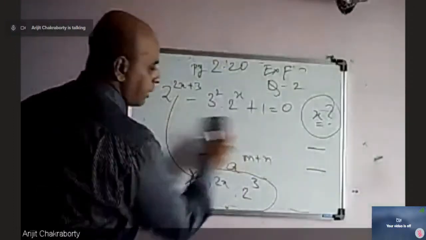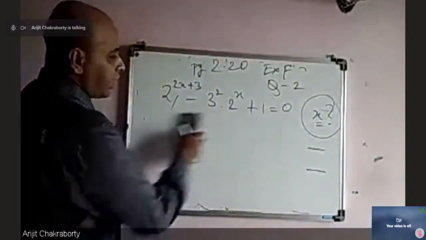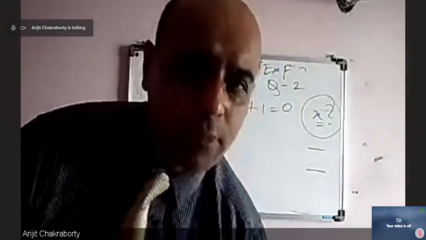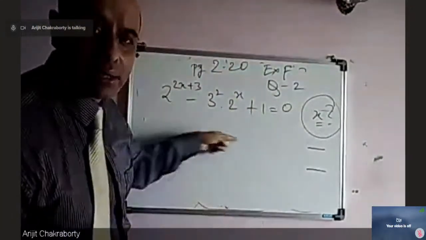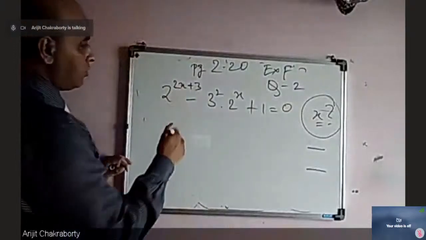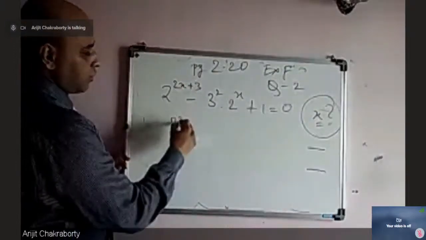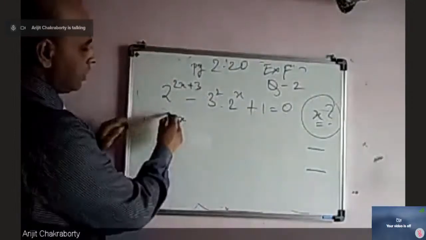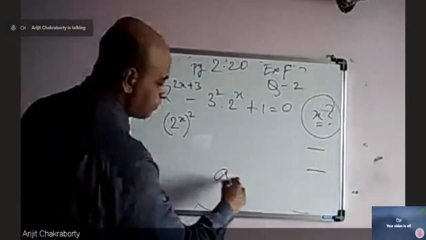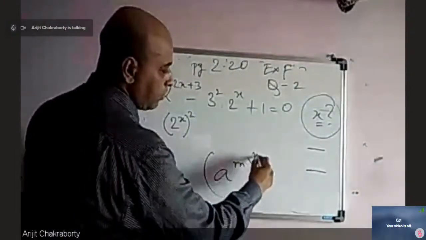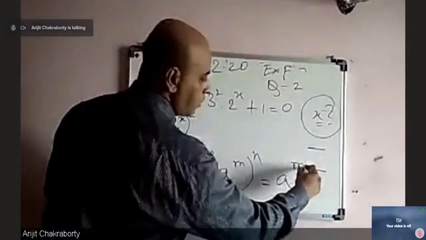I am rubbing it. So I will now write this given problem in a different way. Using this particular formula which I wrote here, I will write it now in this way: 2 to the power x whole square, because you know a to the power m to the power n is equal to a to the power mn, right?